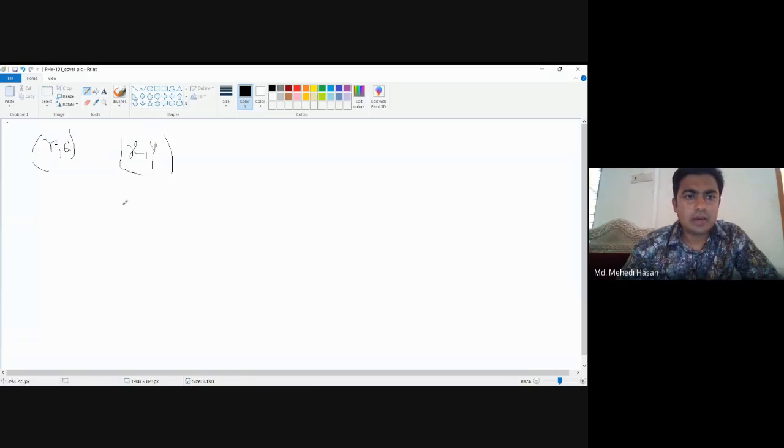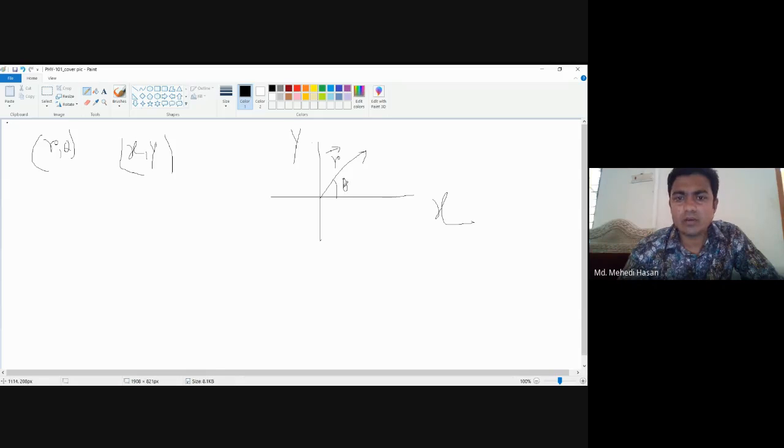Now, in the case of conversion from polar to Cartesian, if we consider a two-dimensional coordinate system like that, x, y, then this is a vector which is considered r vector, and we consider the angle is theta. We always consider the angle produced with the positive x-axis, anti-clockwise.